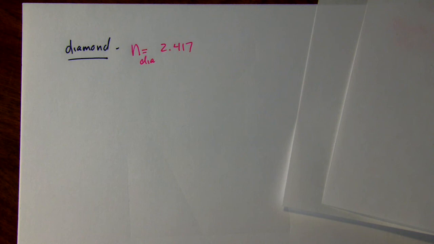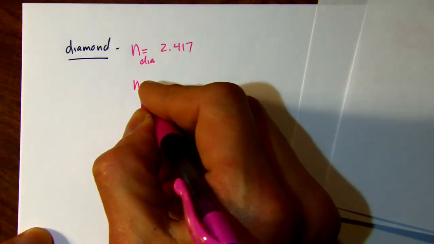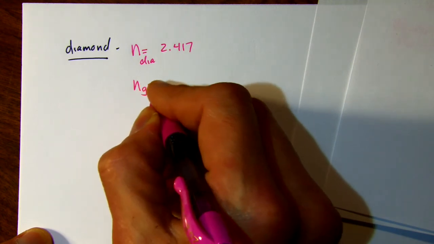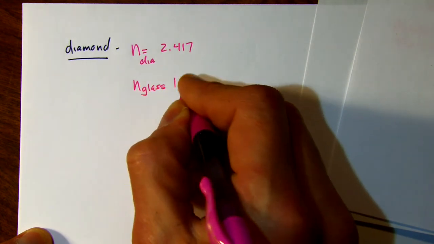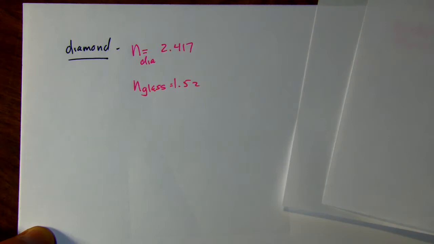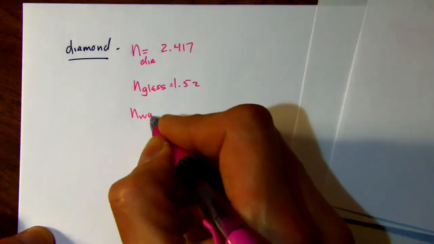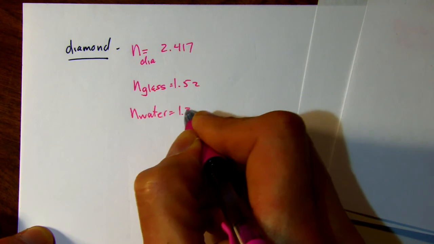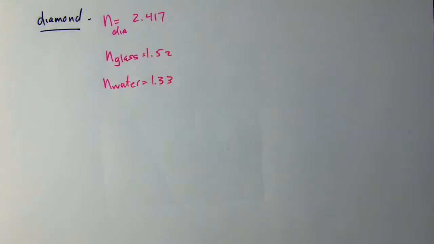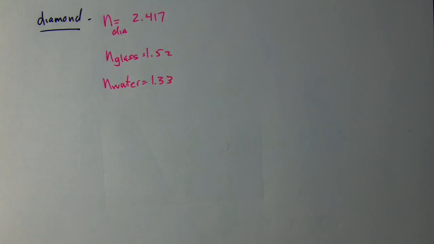You think they would show glass, but they're not. It's 1.52. Glass is 1.52. And then we could talk about others, but for example, water is 1.33. The question in lab, or the question on calculations, will be, what will be the expected angle of refraction?